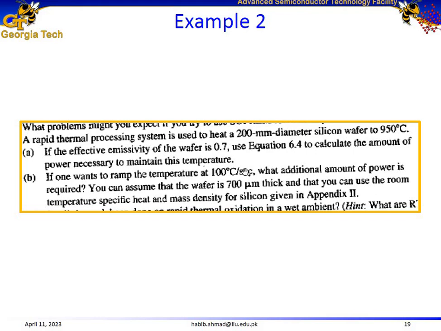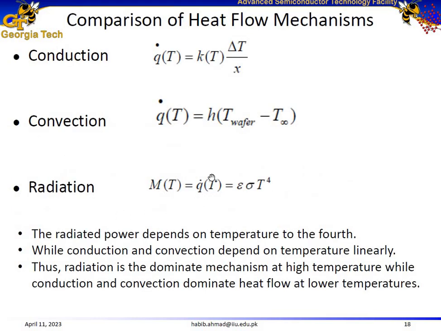So we have to use the formula given in the previous slide, which is heat flow per unit area equal to emissivity, which is given in this example, times the Boltzmann's constant, which we already know, times the temperature to the power of 4. And we know the temperature as well in this example.